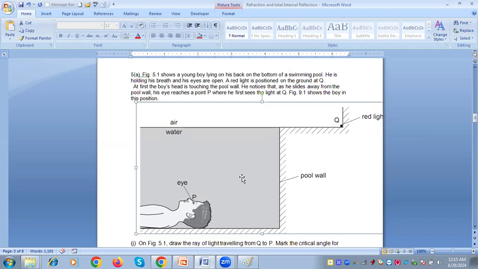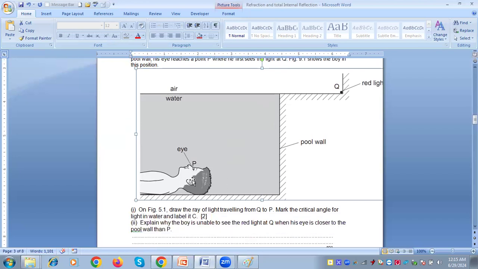The boy is closer to the pool wall and he is not able to see the light. He notices that as he slides away from the pool wall, his eye reaches a point P where he first sees the light at Q. So figure that shows the position of the boy when his eye is at P.